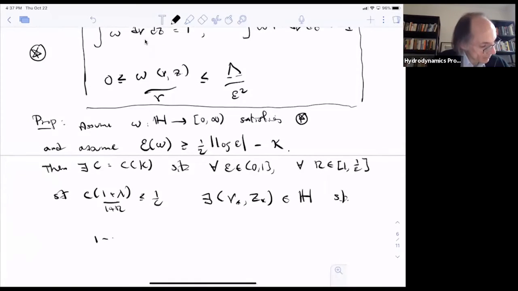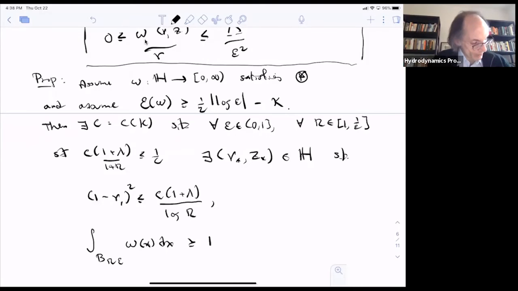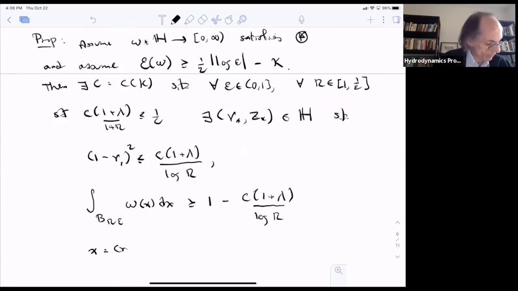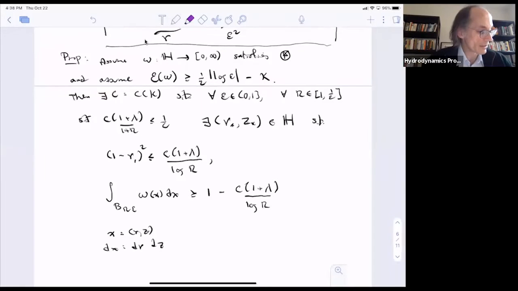So 1 minus r star squared is less than a constant times this 1 plus lambda over log r, and the integral over the ball of radius r times epsilon of the vorticity is at least 1 minus some constant times 1 plus lambda over log r, where sometimes I'll write x for the point r, z, and dx is dr dz, just to keep the notation not too bad. Okay, so this is the theorem.